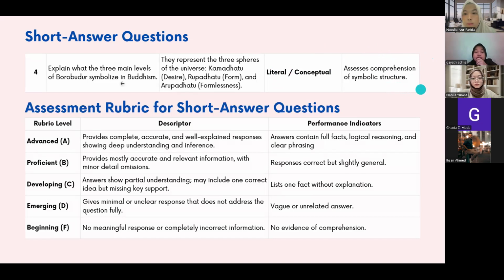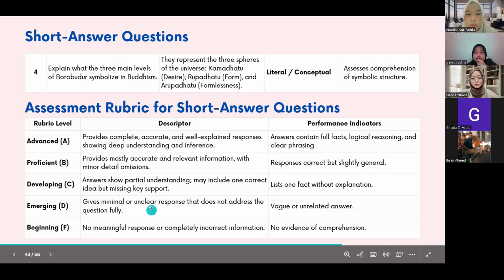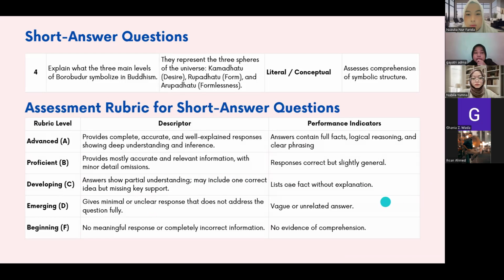And for the assessment rubric for the short answer question, like this one, the rubric runs from level A until level F. In level A, the students can provide complete, accurate, and well-explained responses.